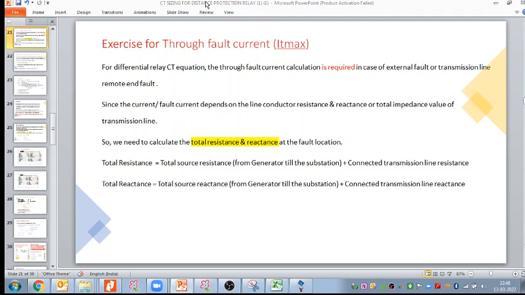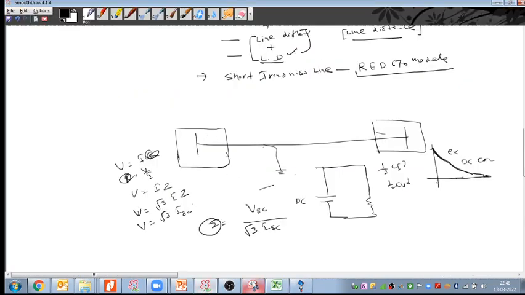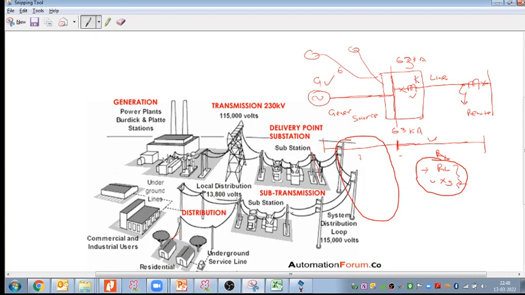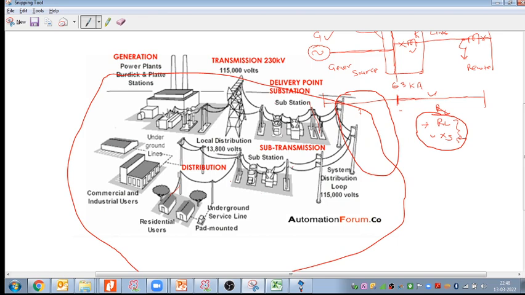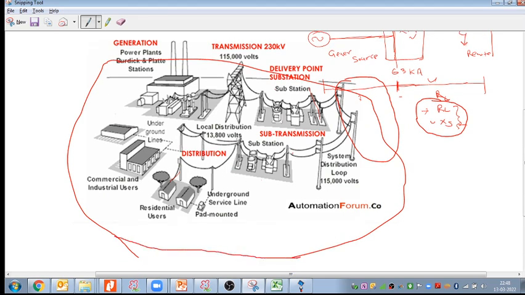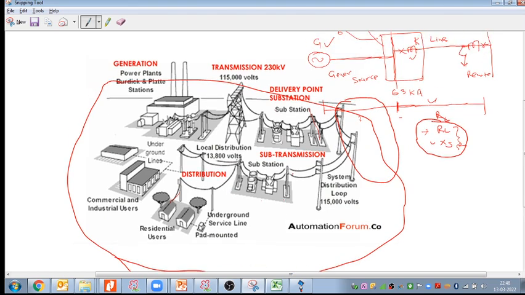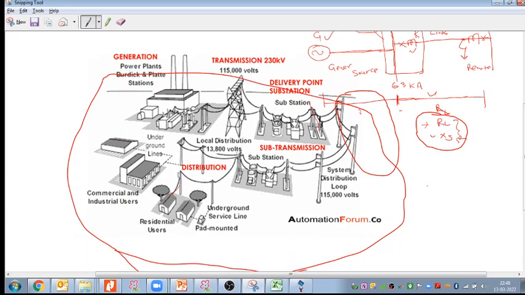For this week, the home assignment is to decide the CT core, the number of CT cores, for the entire grid. If you make mistakes, that is fine, we will discuss and correct them, but at least attempt this, and it will give the overall CT core selection.